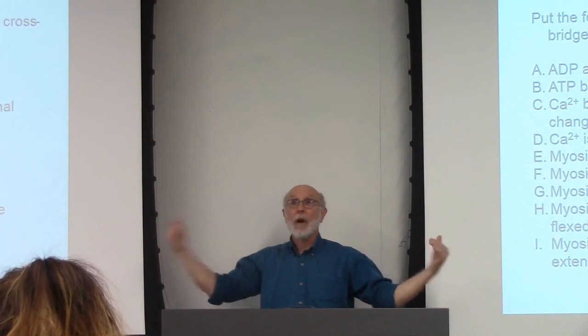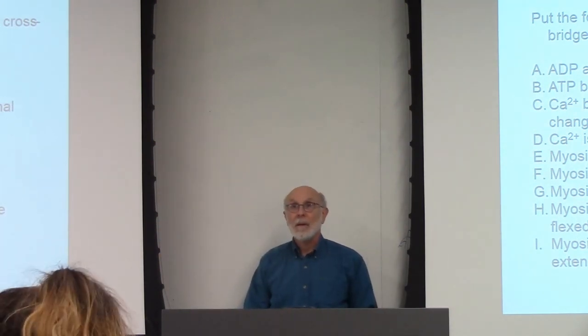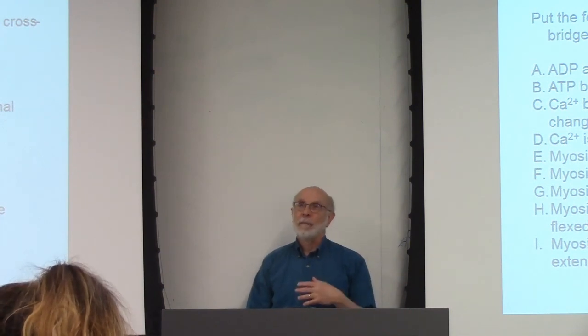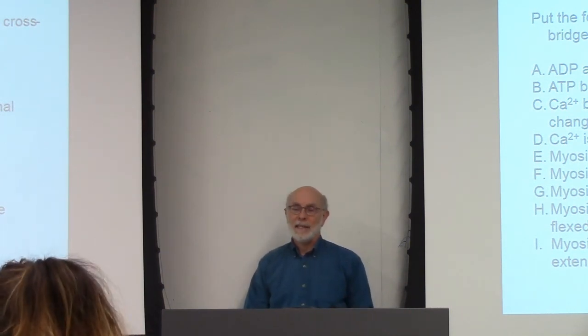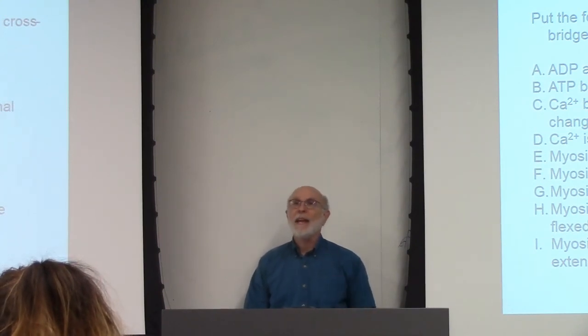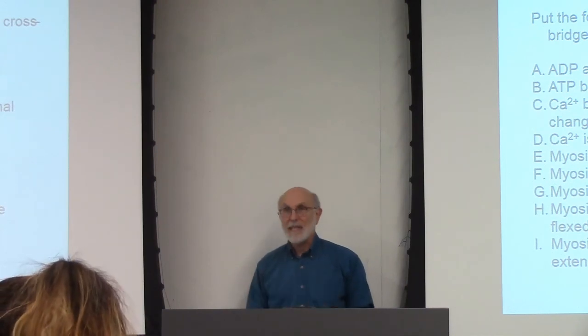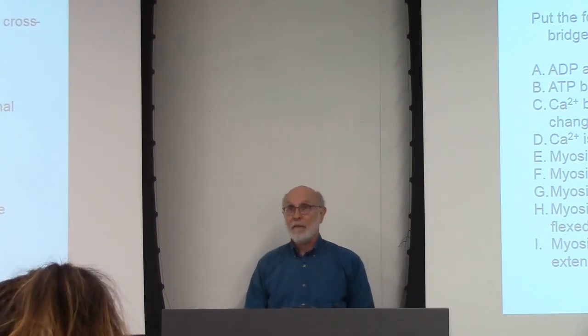What's the next step? Oh, do you have a question? Do ADP and phosphate unbind at the same time, or is there a difference between them? Technically, I think in Self-IS we may have said that ADP unbinds first, and then phosphate unbinds, and it's the phosphate unbinding that triggers the power stroke. I don't think that's an essential bit of information.